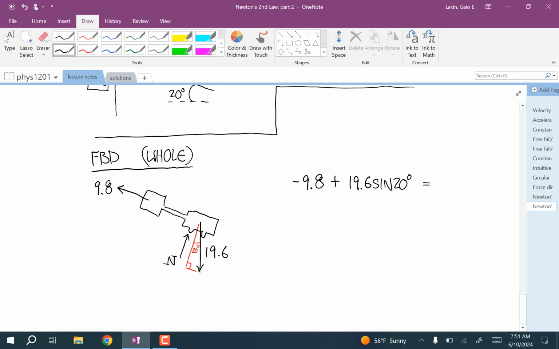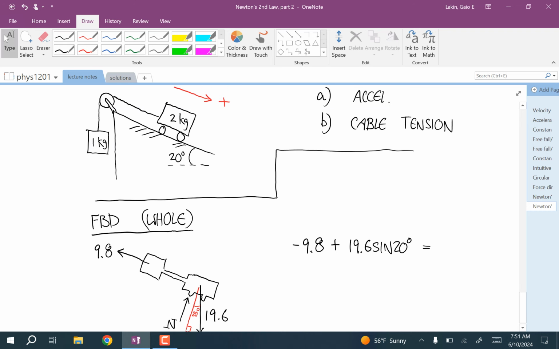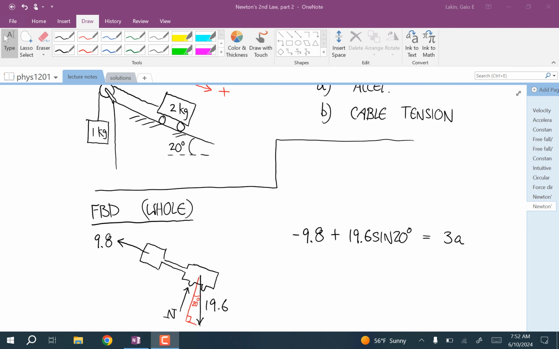And that is equal to the mass of the whole system, which is 3 kilograms times A. So this is 9.8 plus 6.70, and that's equal to 3A.